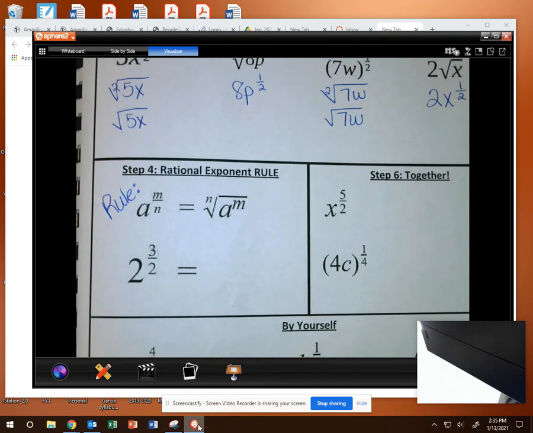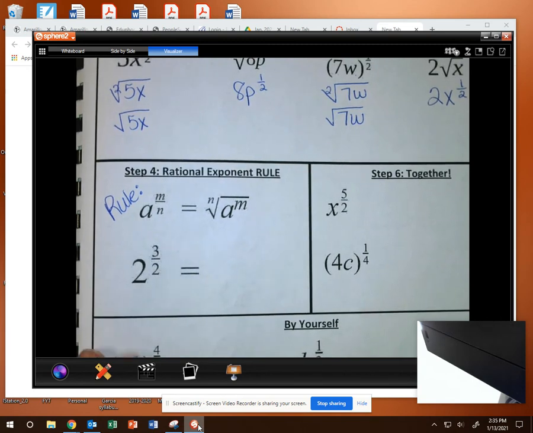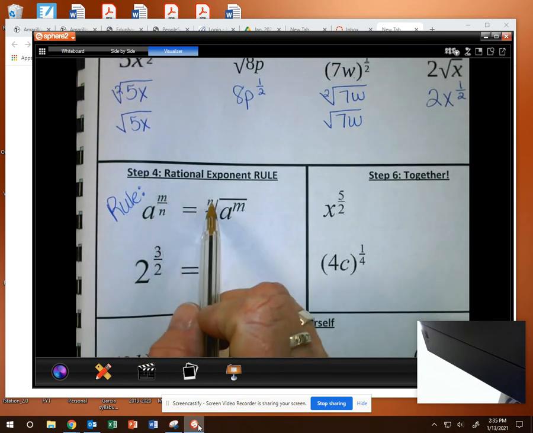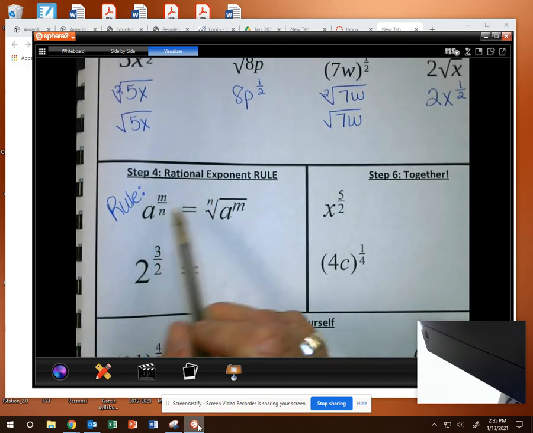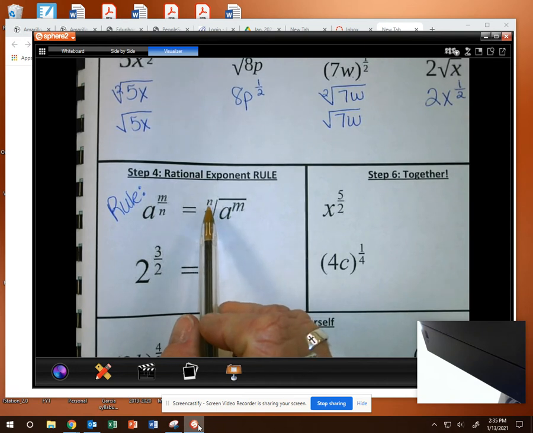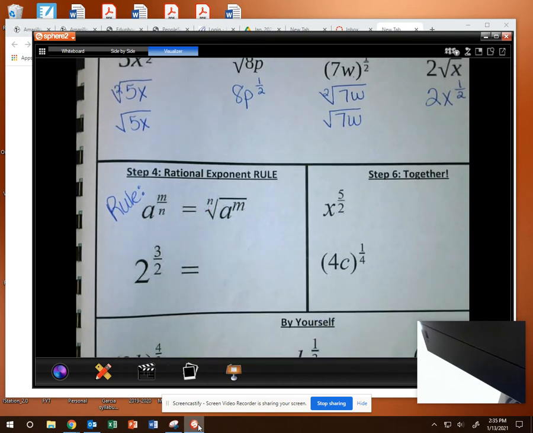So let's look at 2 raised to the 3/2. Notice where in the rule my denominator is. Okay, n goes outside, and the 3 will go inside.